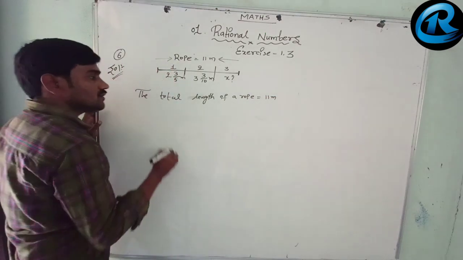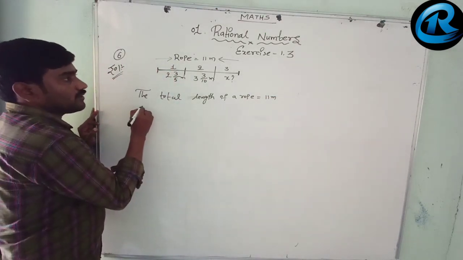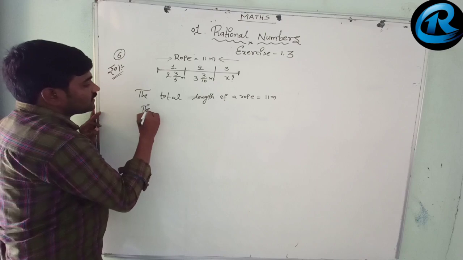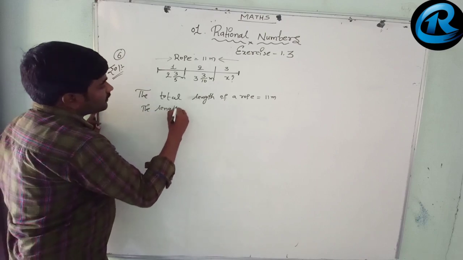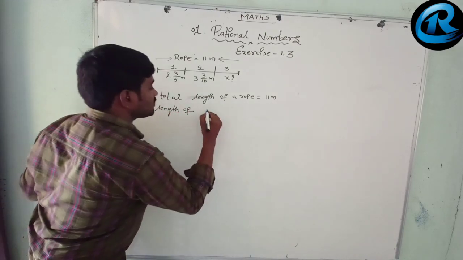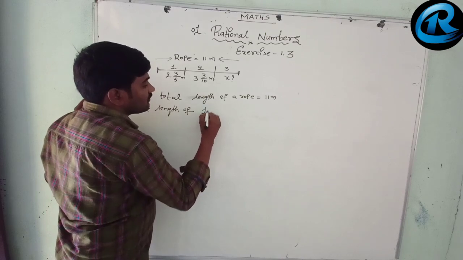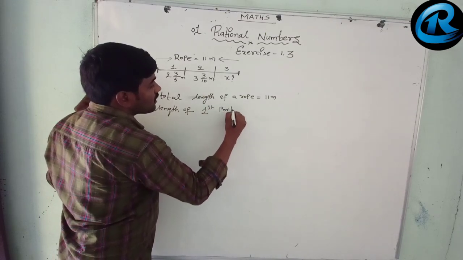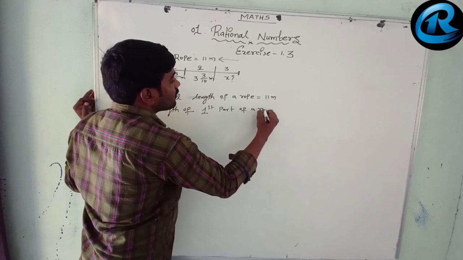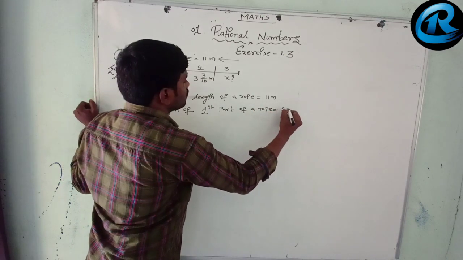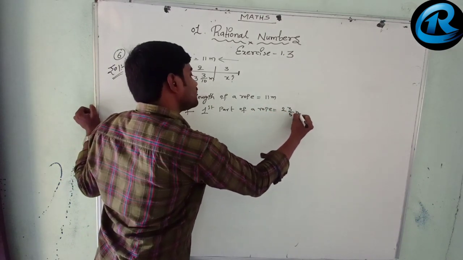Total 11 meters. The length of the first part of the rope is equal to 2 whole 3 by 5 meters.